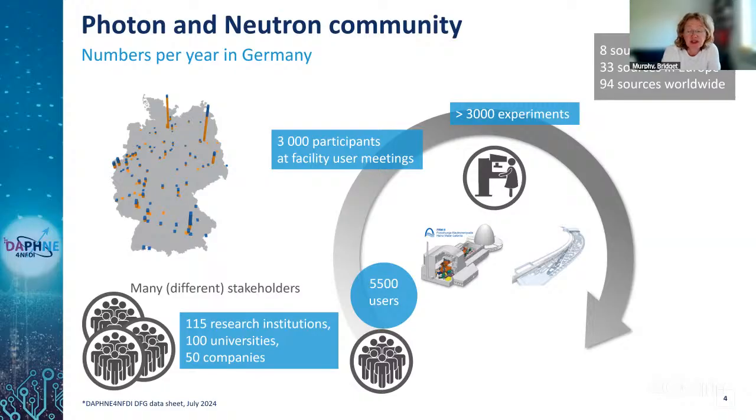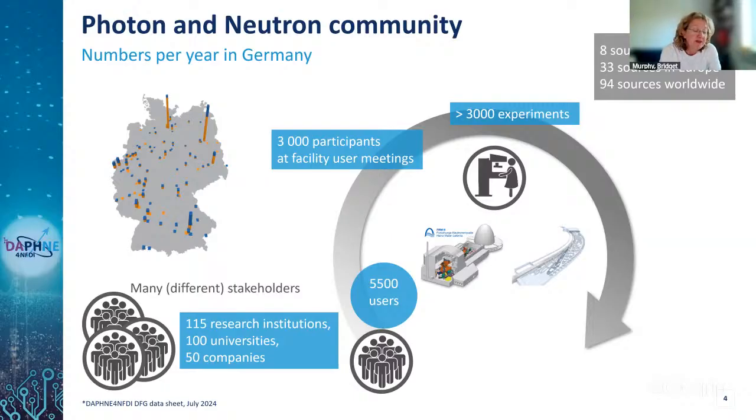And one of the interesting things here is that all the experiments that are carried out at the large-scale facilities are previously peer-reviewed. So they already have a certain quality factor before they get to use the experiment. Another indicator for us that's quite important is that we collect really large volumes of data. And these are already a challenge for our community, how to use them and how to make them available for reuse.